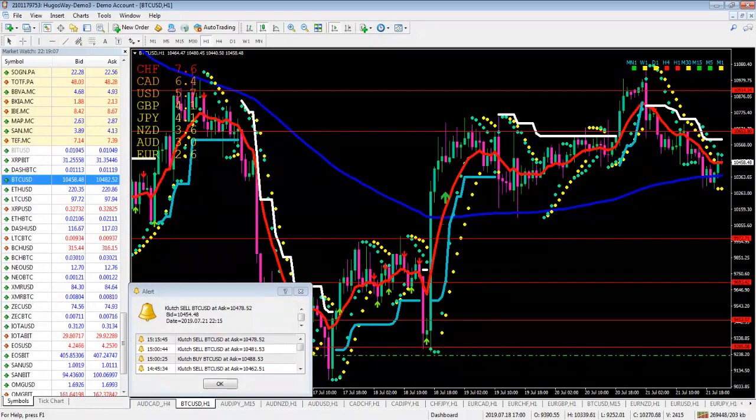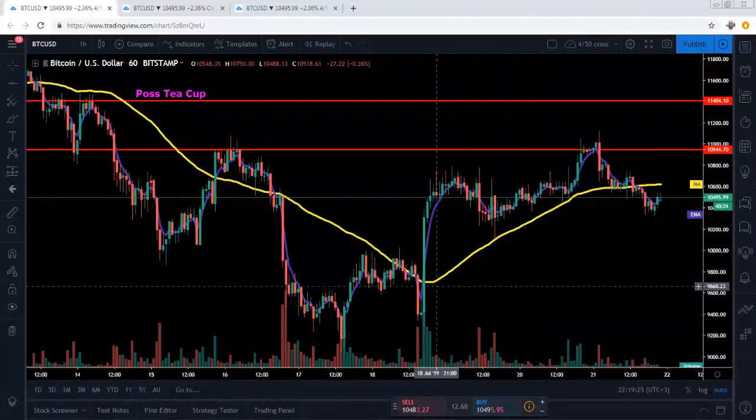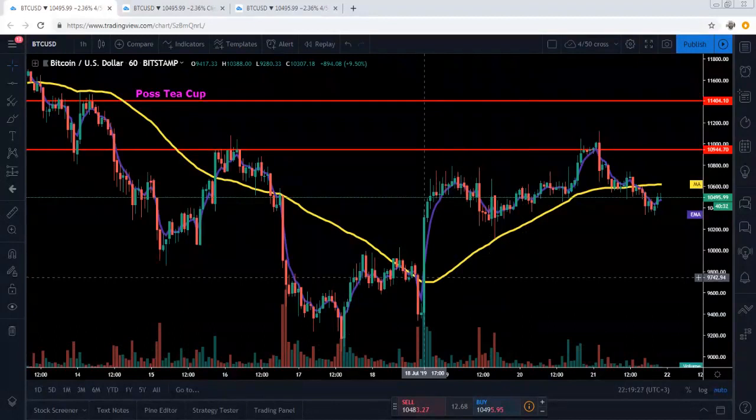So let's see what this price is. 10,263, right? Now, where was I? Right here. It crossed right here at 9,997. It crossed at 97.